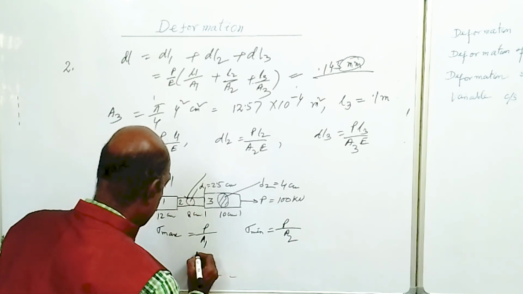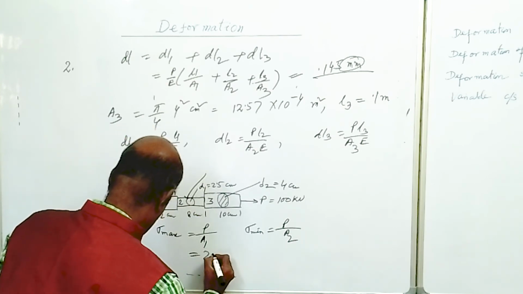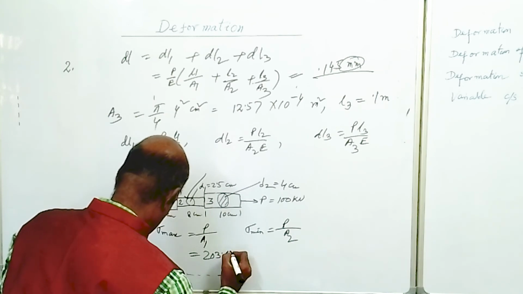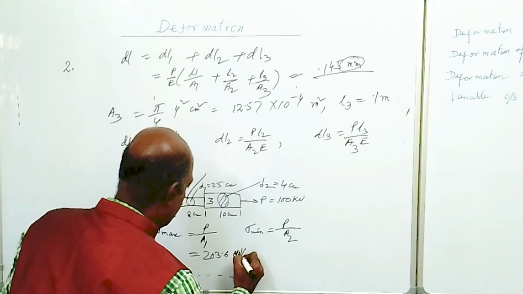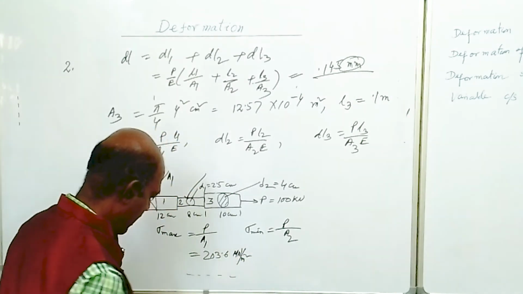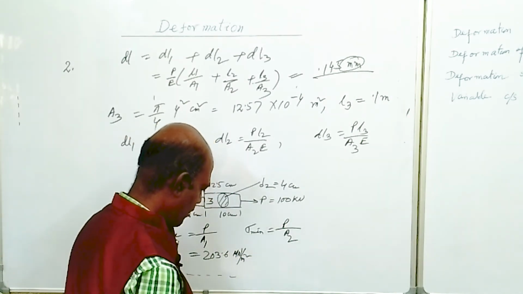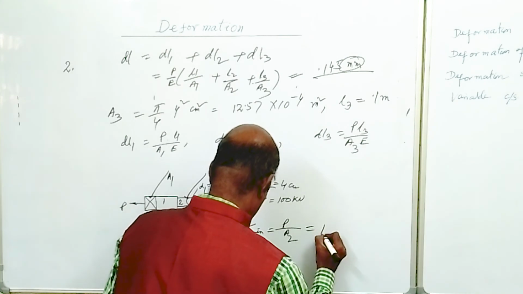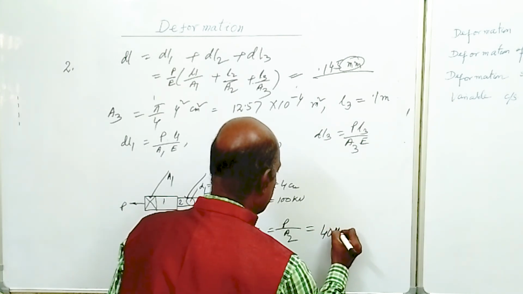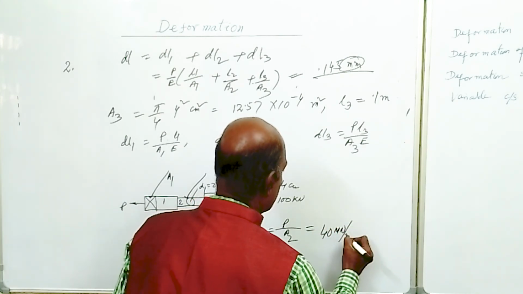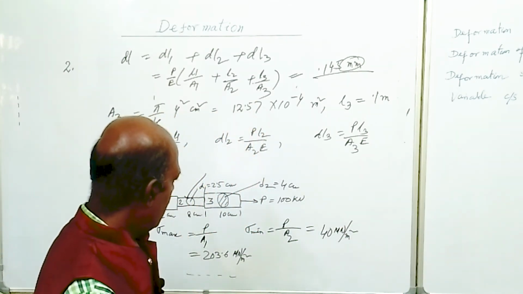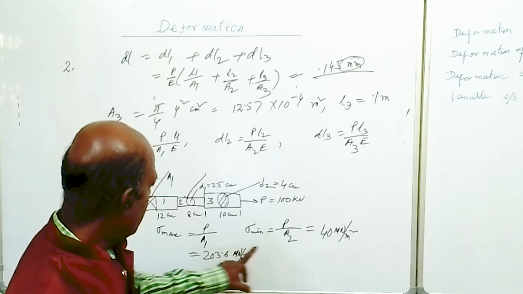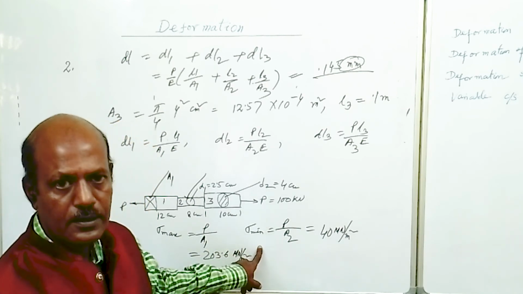The maximum comes to 203.6 meganewton per meter square, and the minimum one comes to 40 meganewton per meter square. Just put in the values of P and A1, A2, and it will give you the sigma max and sigma min values.